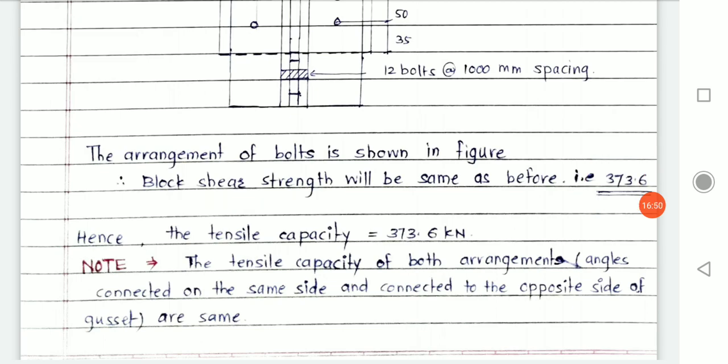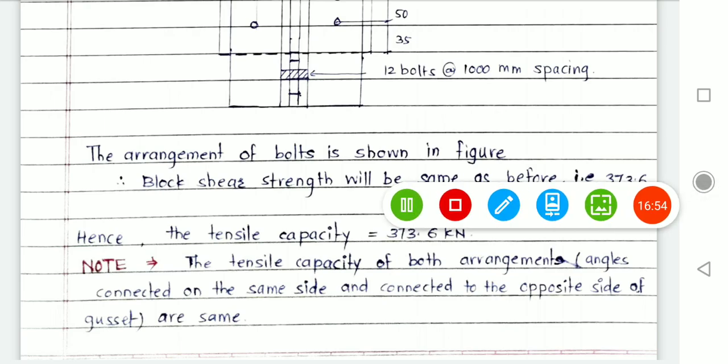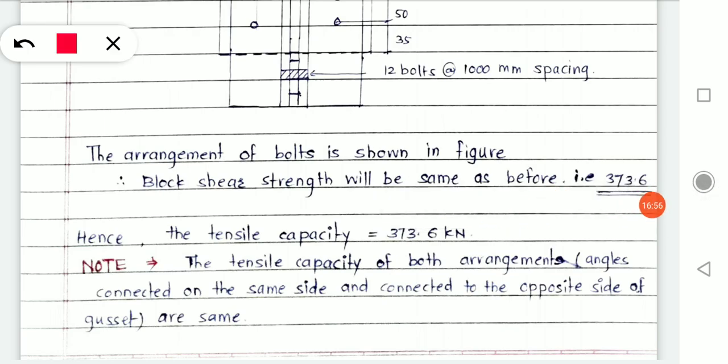So I want to add a note over here that the tensile capacity remains the same, whether you arrange the angle on each side of your gusset plate or on the same side of your gusset plate. But what change does it make?